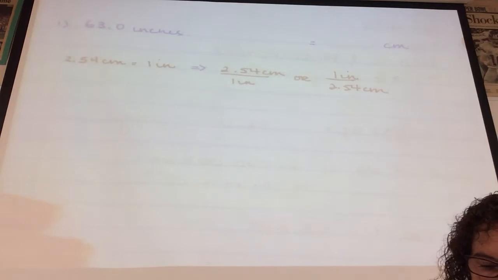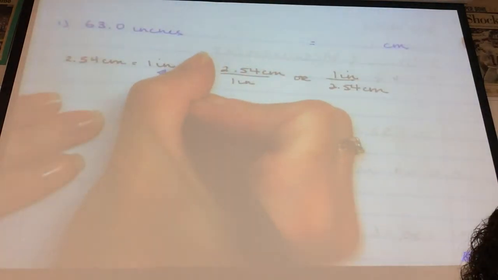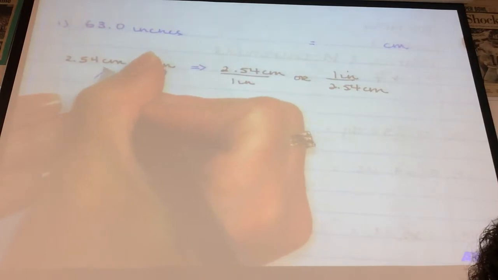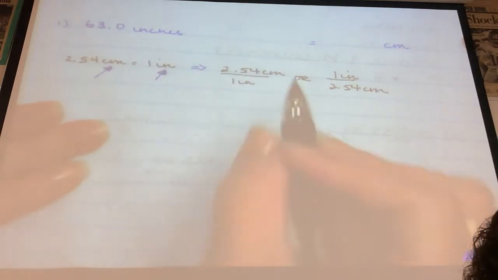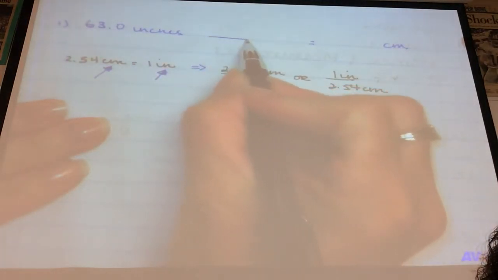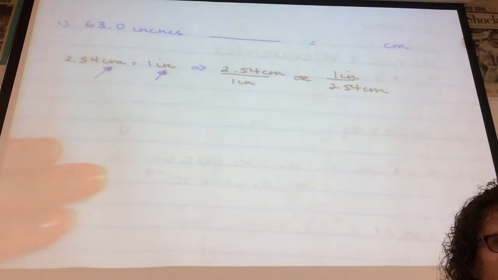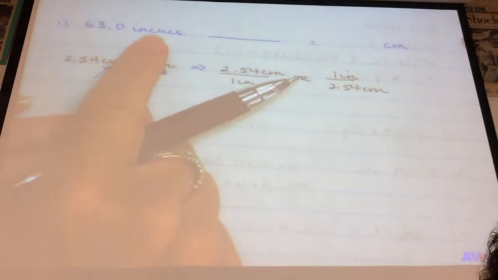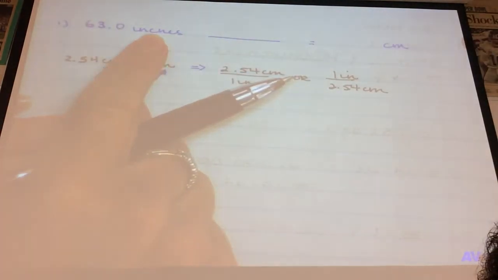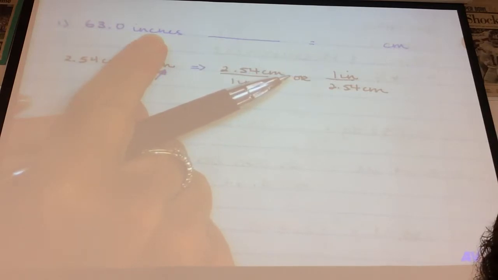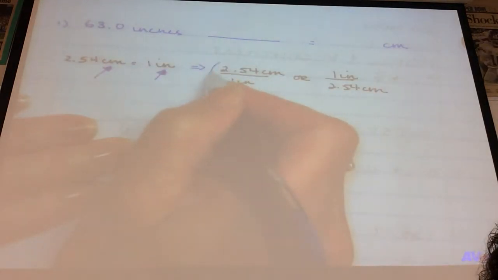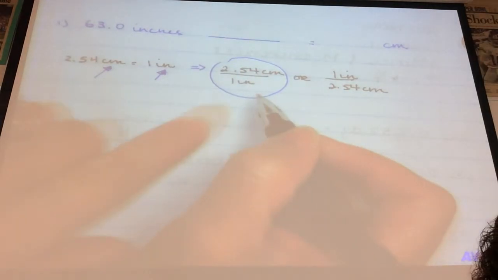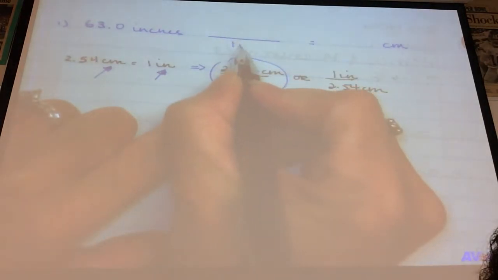If the equality has both the given unit and the unknown unit in it, the problem is one step. You're going to multiply it by one fraction. Whatever unit you start with is the unit that you want in the denominator of that fraction. So you're going to pick this one because inches is in the denominator.